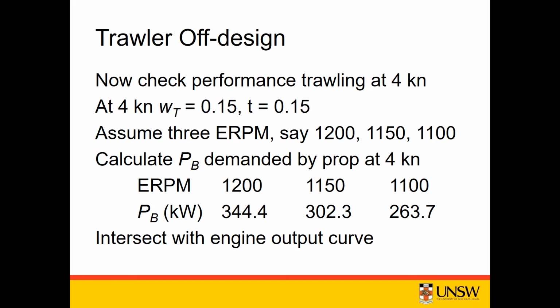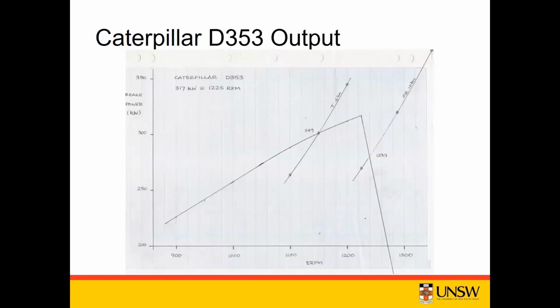Calculate the brake power demanded by the propeller at 4 knots at those revs and plot that on the engine output power curve. And you can just ignore this curve over here because we've designed for the MCR RPM here, and we're now going trawling. So we've got this demand curve here.